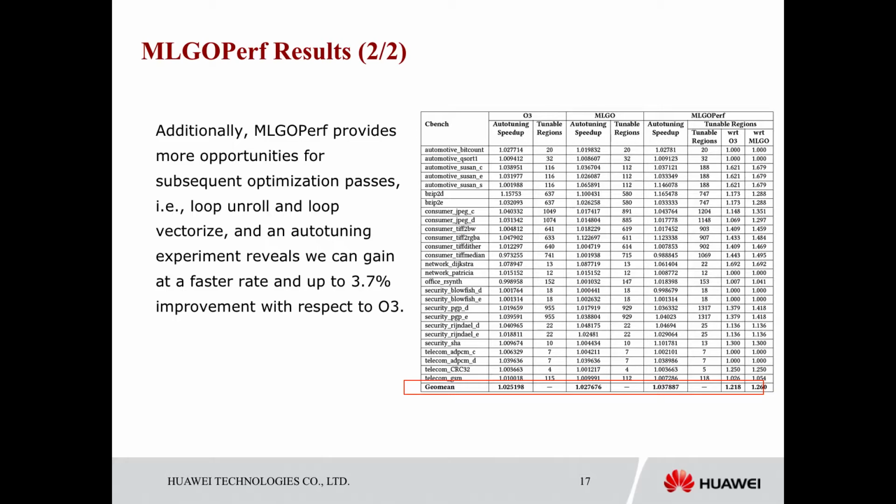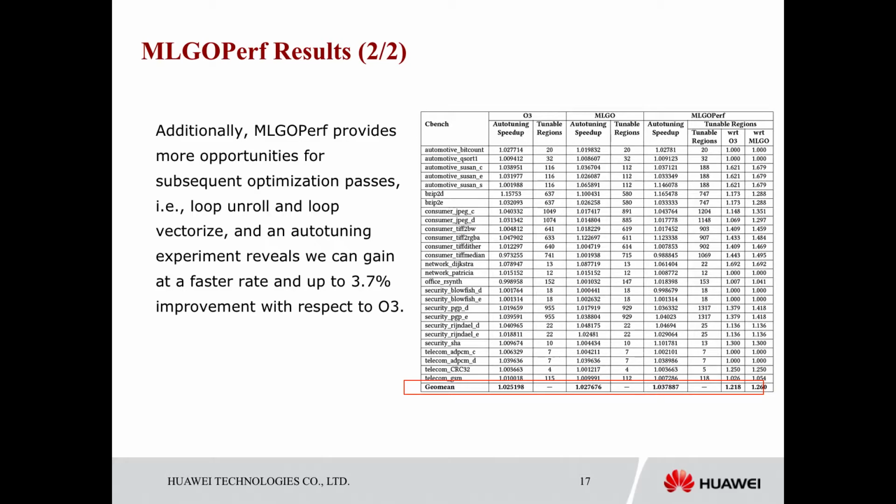After 200 iterations, we noticed that if you auto-tune Cbench by these two passes, you're going to have around 2.5% speed up gained by playing around with the loop vectorize and loop unroll parameters. Whereas with MLGO, you're going to have a little bit higher speed up, 2.7, and MLGOPerf provides a more meaningful speed up in the subsequent passes, around 3.7.